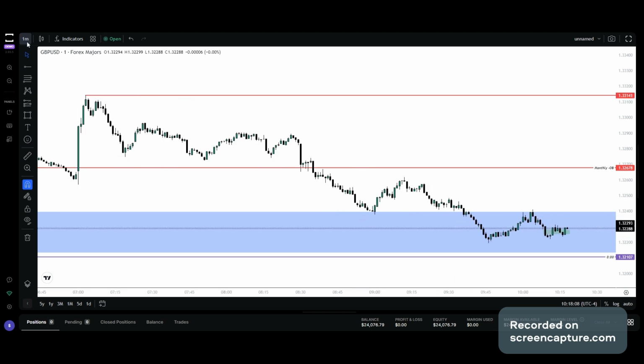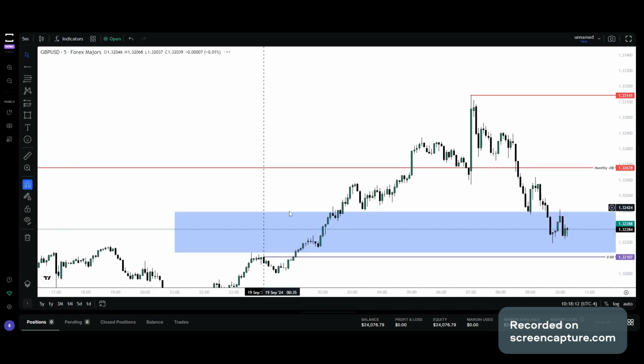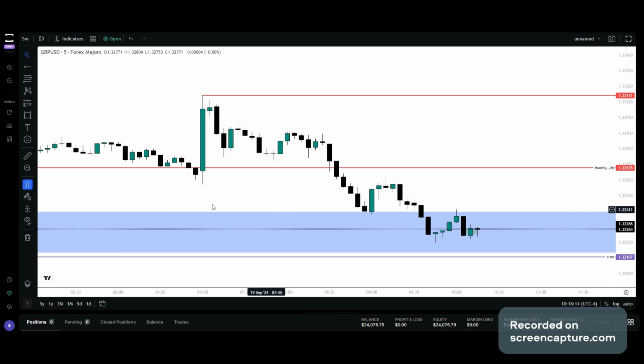So when we think about this as a market maker model, go to the 5-minute. So we had our news event right here, and then this consolidation inside of that candle. So you can count all of this here as your original consolidation. And then we have another one right in here. Okay.